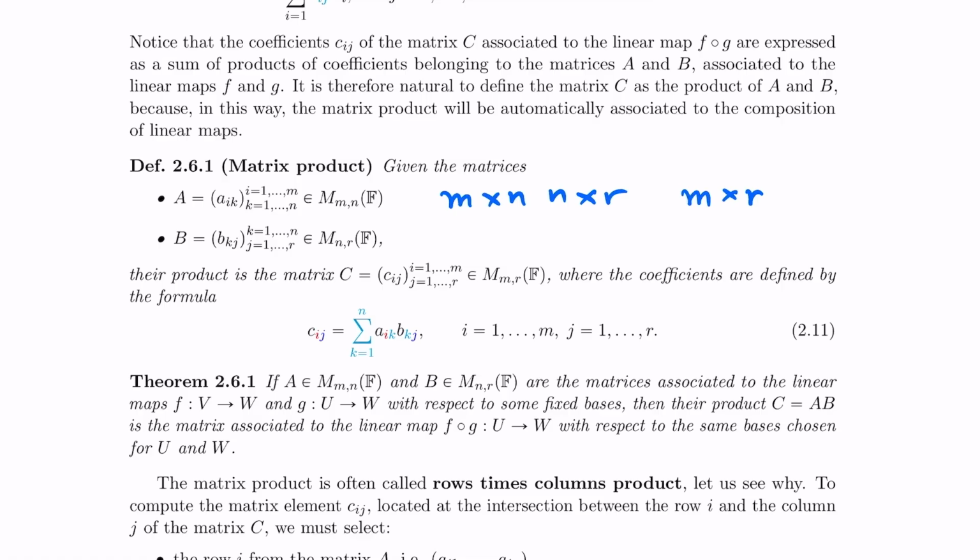Take a good look at the dimensions. The first matrix has this dimension, the second matrix has this dimension, and the product matrix has this dimension.